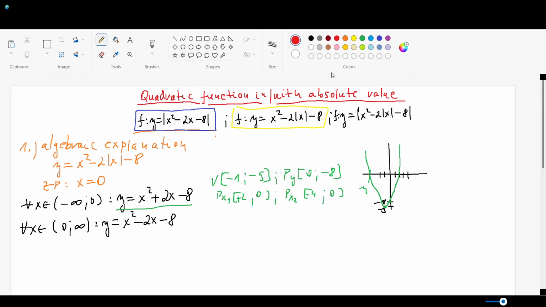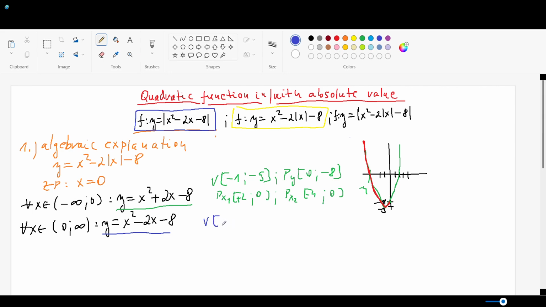Okay, so here is negative 4, but as we can see, our function is defined from negative infinity to 0, which means we consider only this part of the graph. Okay, we can forget about the rest.